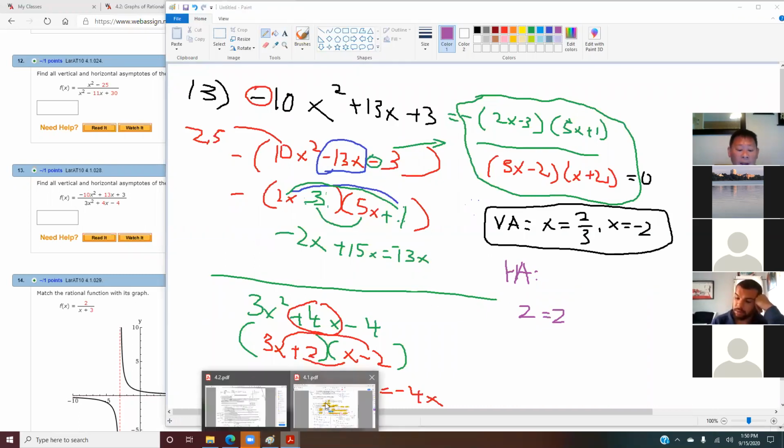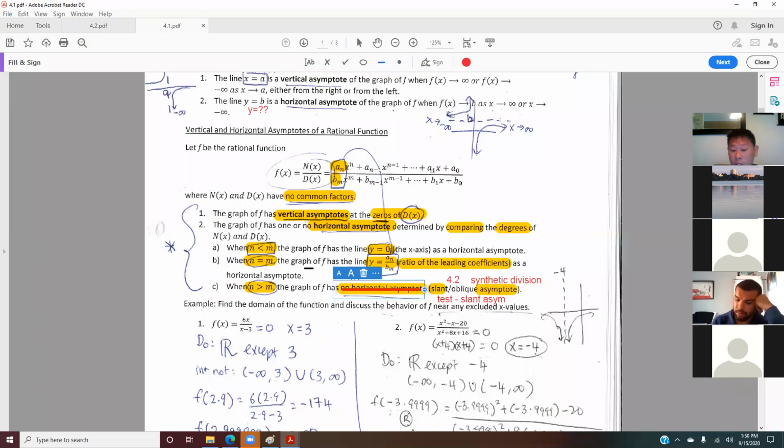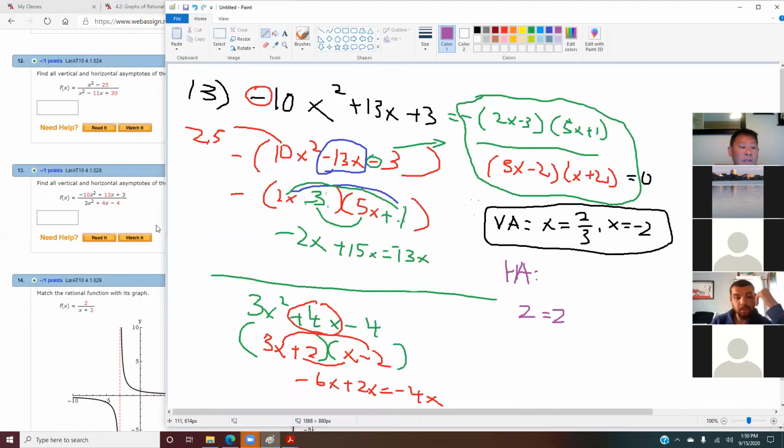And what do I say about same power? You have to do the ratio of the leading coefficients. So what is the ratio of the leading coefficients? Don't forget the y equals. What's your answer here for horizontal asymptote? Yep, negative 10/3.